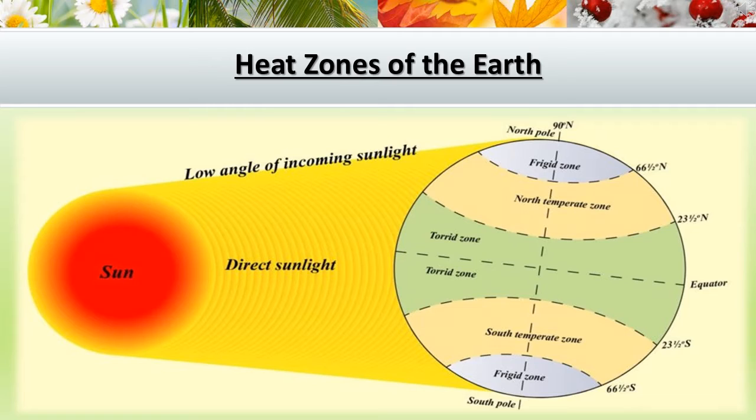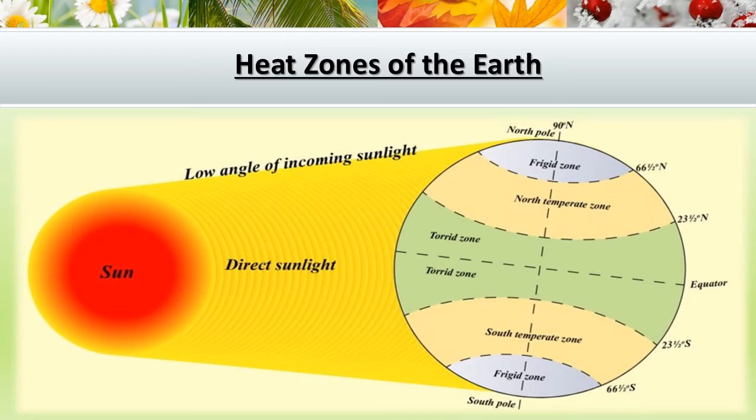The area between the Arctic Circle, 66.5 north, and the North Pole is called the North Frigid Zone. The area between the Antarctic Circle, 66.5 south, and the South Pole is called the South Frigid Zone. These areas have a cold polar climate.